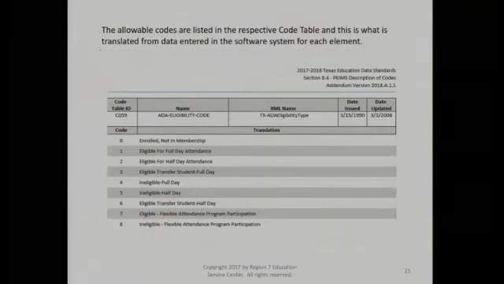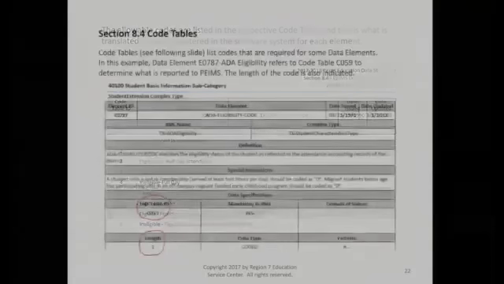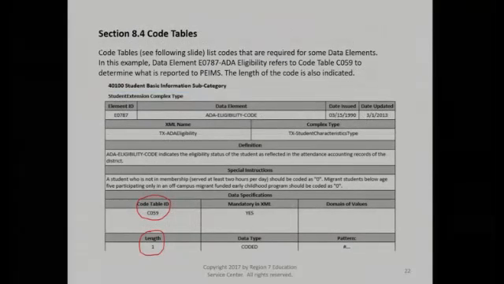I think I had that on the next screen. Yes. There's the C059, and it tells us what the different codes would be that we could put in for the ADA eligibility. It tells us that the length is 1, and then that the data type is coded, which just means that you can use letters, numbers, characters, and there are different ones for that. But anyway, so that's how you read these.